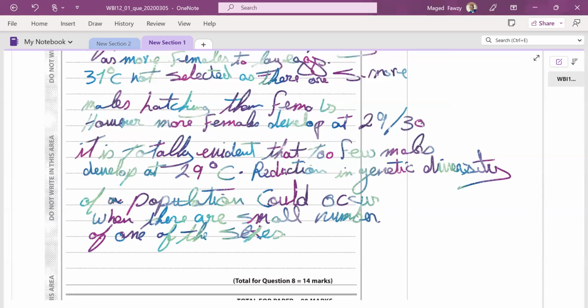We need to add the heterozygosity here, and this will reflect on allele frequency, and too few males hatching could reduce the genetic diversity of offspring. You can also mention that eggs taken from nests throughout the national park are likely to contain different alleles, and we should do data analysis of the genetic makeup in order to check the biodiversity.